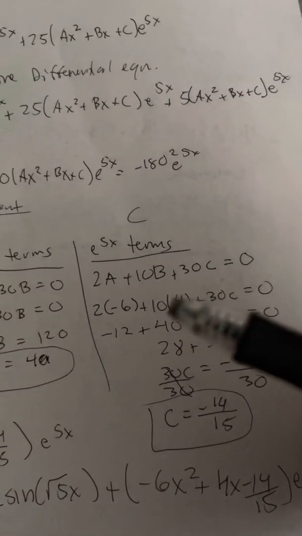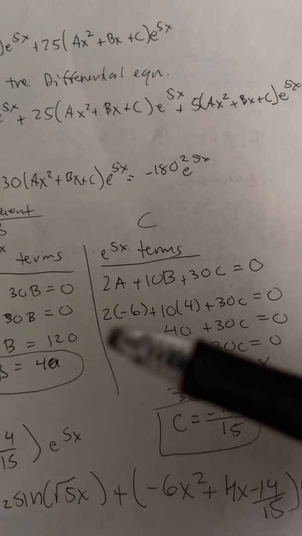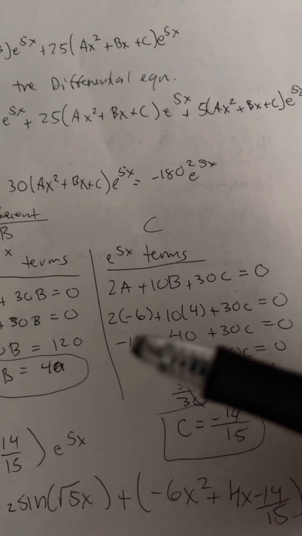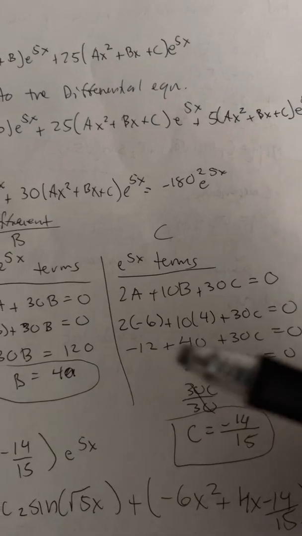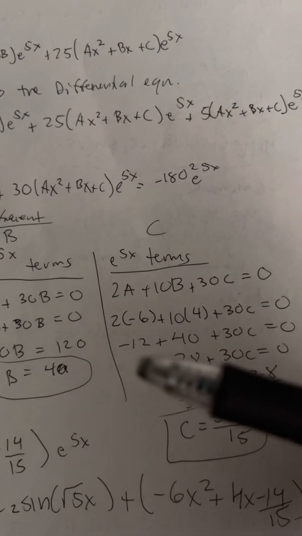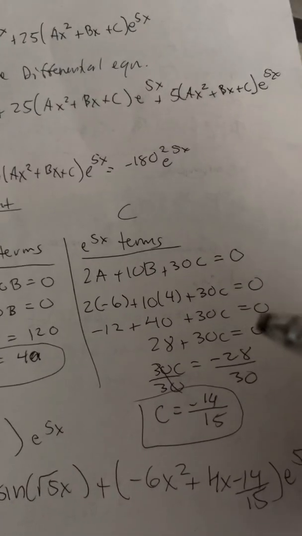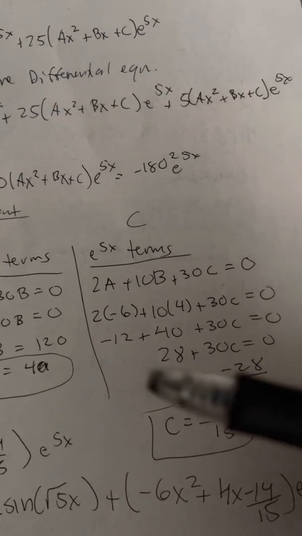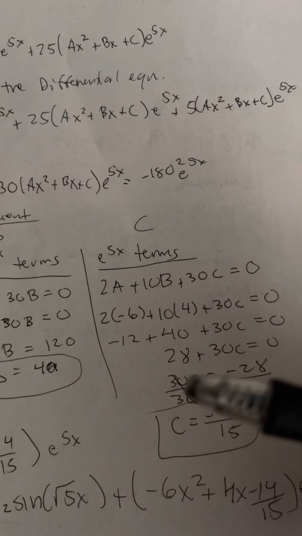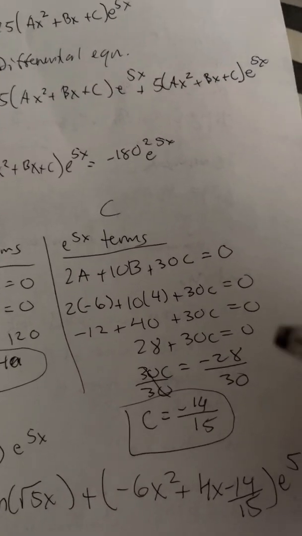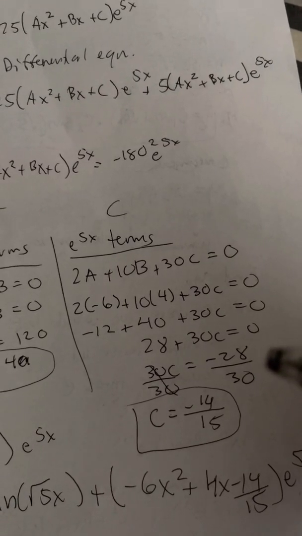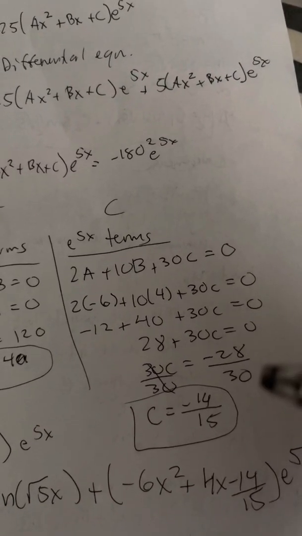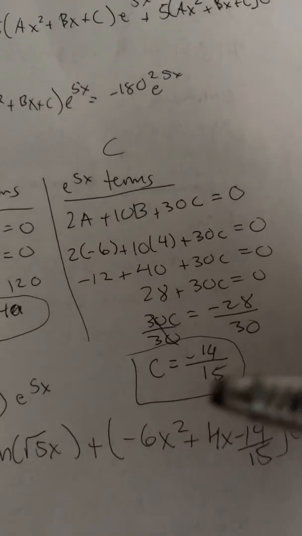To solve this equation, we know a couple of terms already. We know our a, we know our b. Our a is negative 6, our b is 4, so we plug those in. That's why we get negative 12 plus 40 plus 30c equals 0. So if we add negative 12 plus 40, we'll get 28 plus 30c equals 0. c will equal negative 28 over 30.